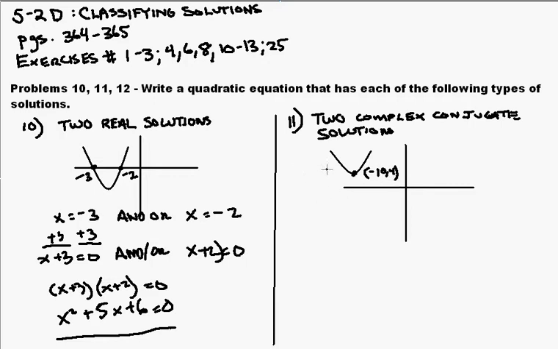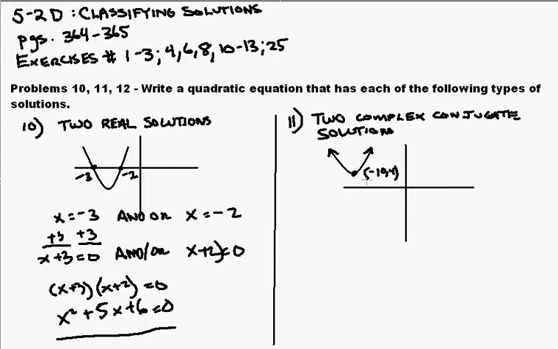Alright, how could I write a quadratic that would take on these characteristics, where it would be going up, the vertex would be a minimum, and it would have no real zeros?